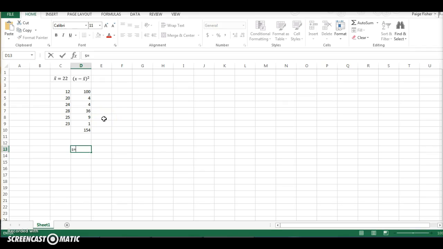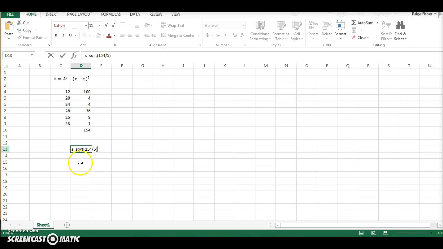In our next step, let's write the formula again. So it's S equals the square root of what we just found, the numerator. So we have 154 divided by n minus 1, and in this case we have 6 observations. So 6 minus 1 is 5.